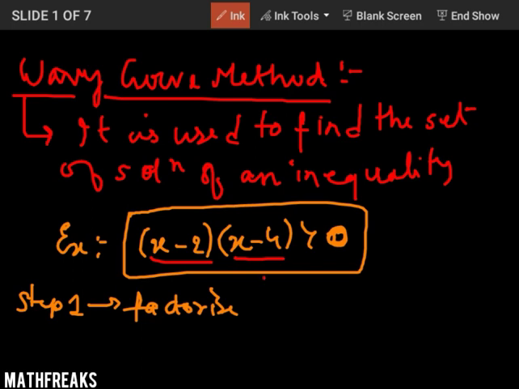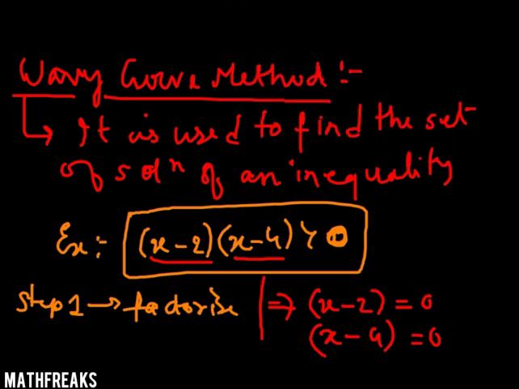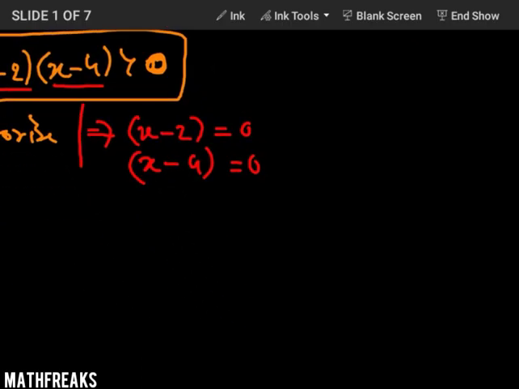I mean that we have to equate x minus 2 equals 0 and x minus 4 equals 0. Now what is the use? This will give us two critical points of this expression. I will explain that in the meanwhile. So our two critical points would be x equals 2 and x equals 4.